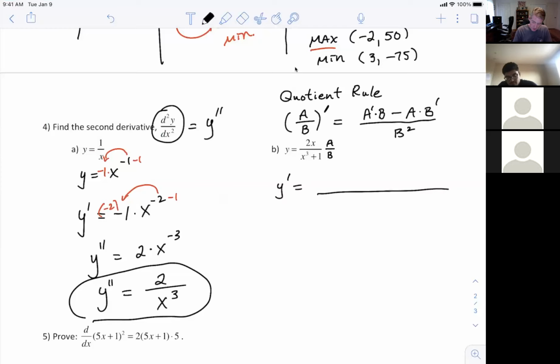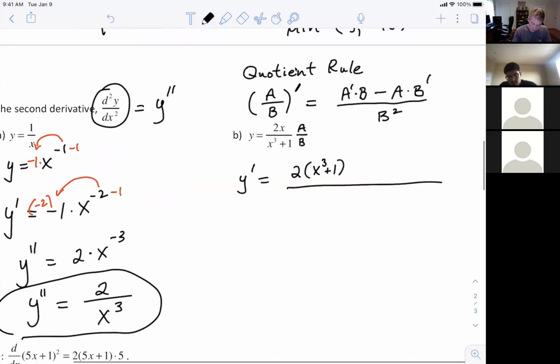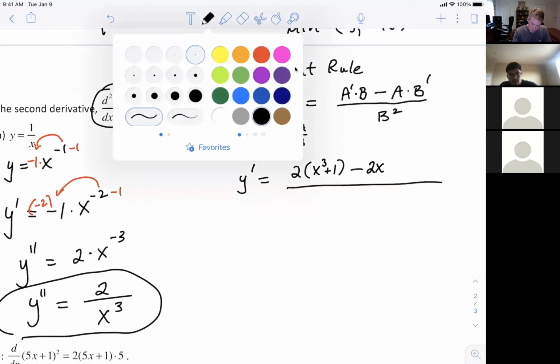Okay, so start on the top. The derivative of 2x will just be a 2. And then the bottom, you just copy it down. X cubed plus 1. Then it goes minus, just leave the top one alone, 2x. So that's this part.